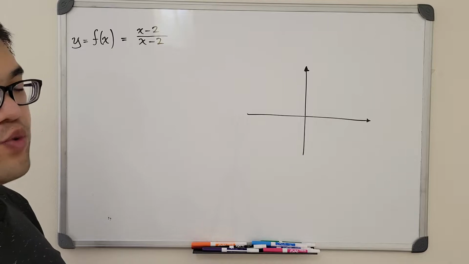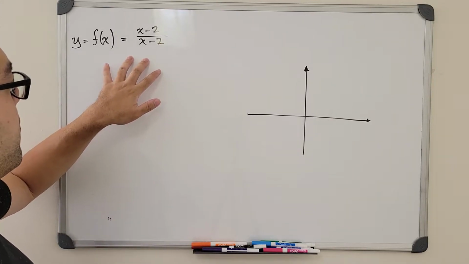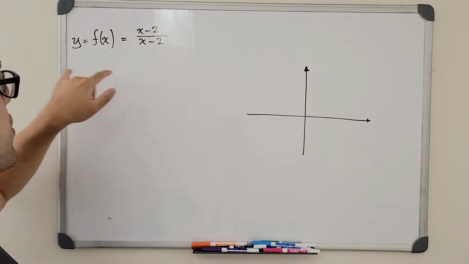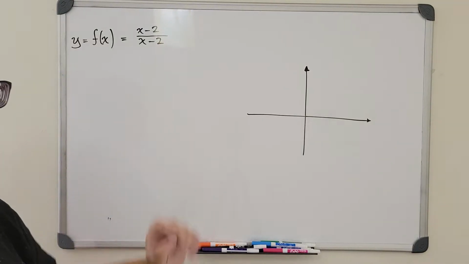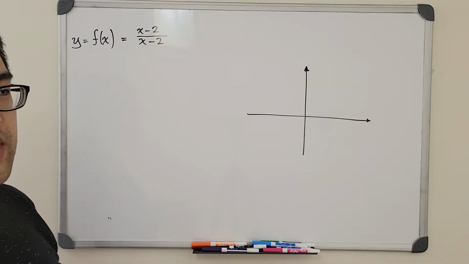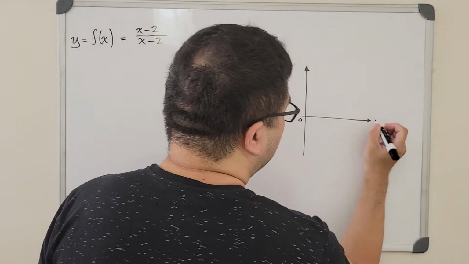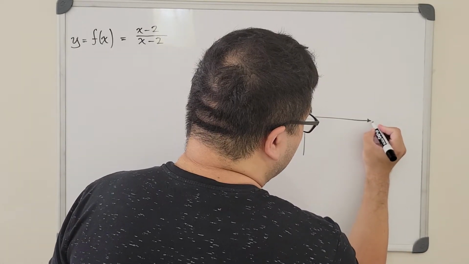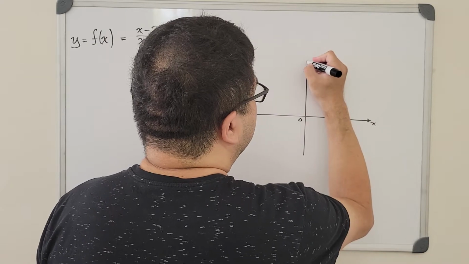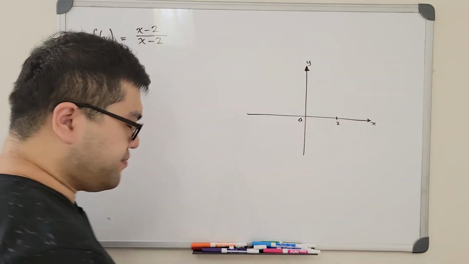And again, that is what we call the indeterminate form. So, when x is equal to 2, there's no y value, and we are going to leave out the point that is on x equals 2. So graphically, this is what we're going to get. Let's say here is x equals 2.